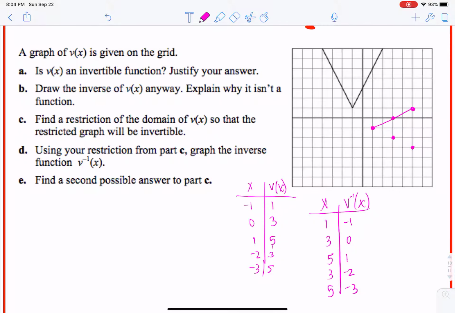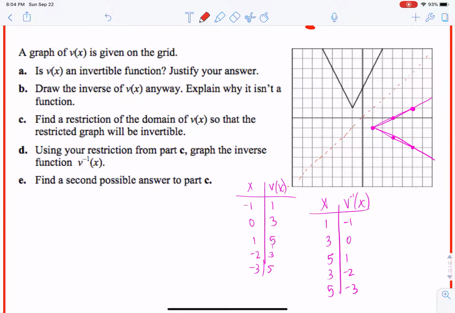So I can go ahead and connect these lines, and I can extend them if I'd like. And I can come in here with another color, and we can see again, this is a really nice example of this graph very nicely reflected over the line y is equal to x.